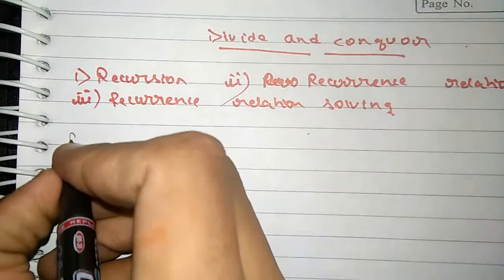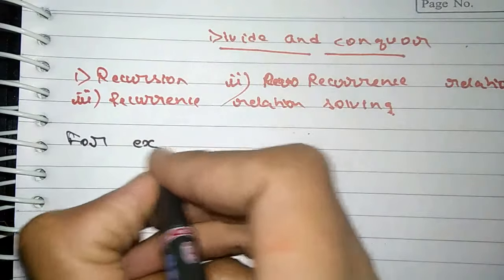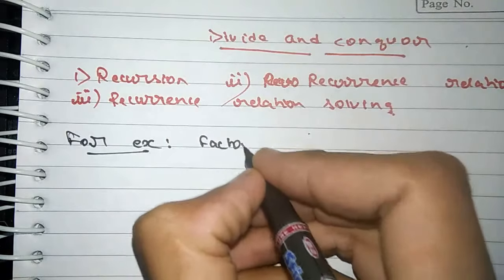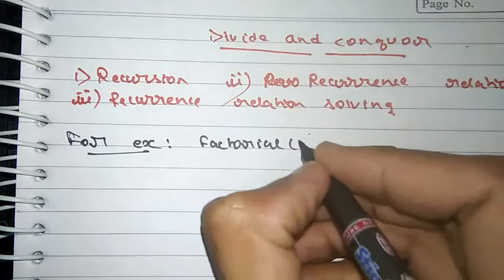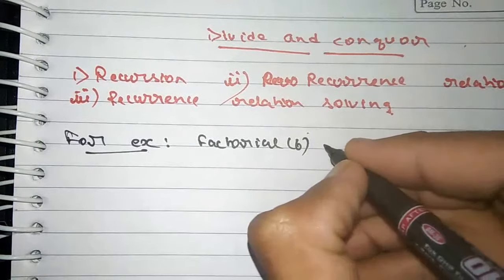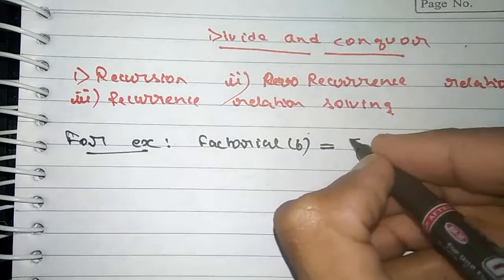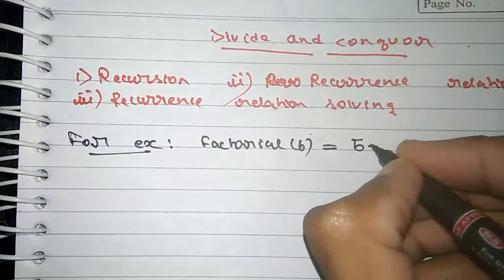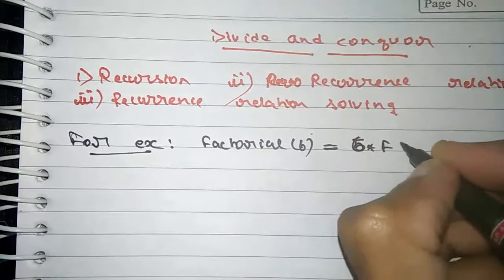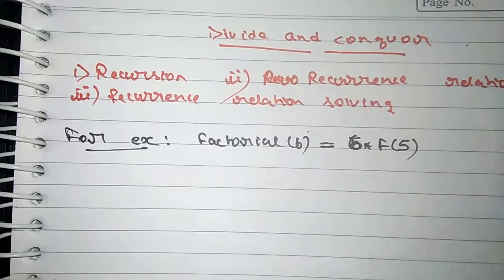Suppose we have to find out factorial of 6. As we have studied in mathematics, factorial of 6 is nothing but 6 into factorial of 5, right?